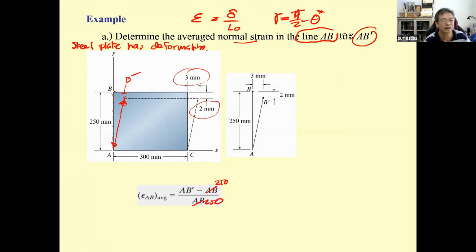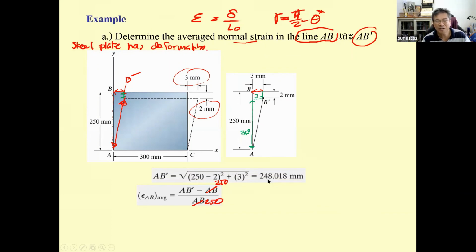So it causes the deformation here of 3 millimeter, and it also has this vertical of 2 millimeter. Now you can see this is going to be 3 millimeter, and this is going to be 248. You can determine AB prime by using this equation, 248 squared plus 3 squared. That is going to be AB prime.